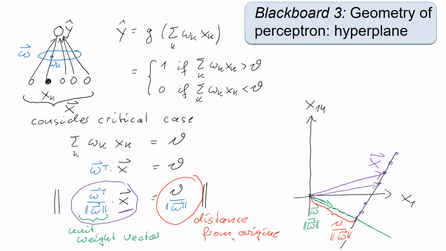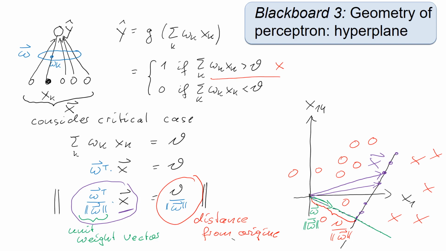Okay, and now what we are really interested in is that for positive points, we would have something larger than theta. So points that lie on this side will have a projection onto the green line which is larger than theta over W, and points that lie on the other side will have a projection that is smaller or negative.